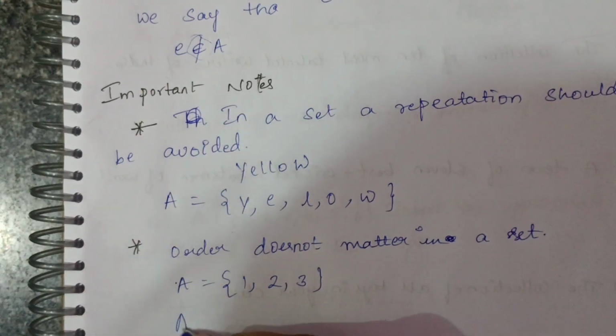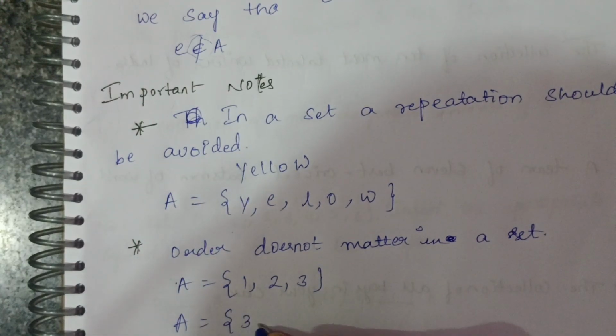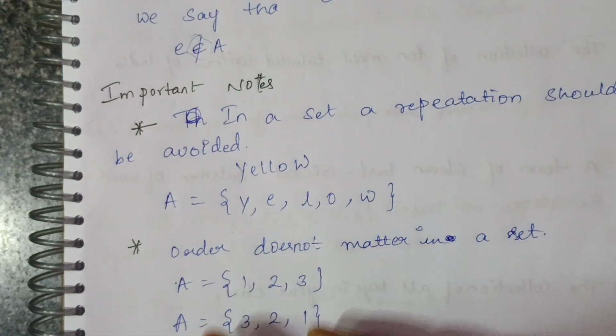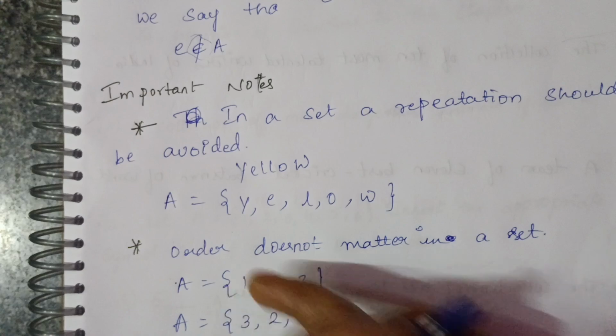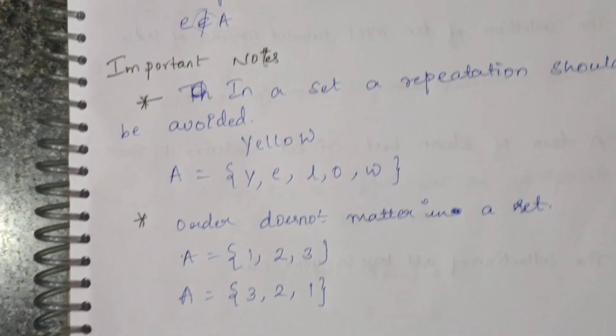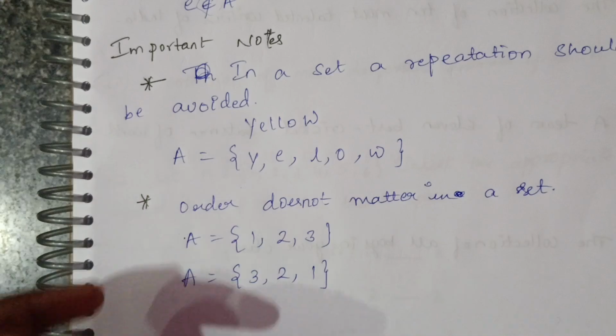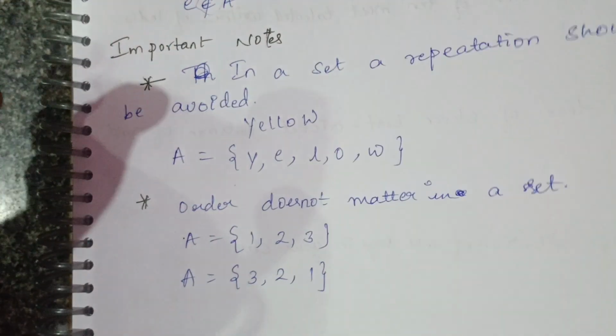This set A we can also write as 3, 2, 1. This order does not matter. If the elements are the same, we can say this and this sets are equal. These are the two important notes and the concept of belongs to.